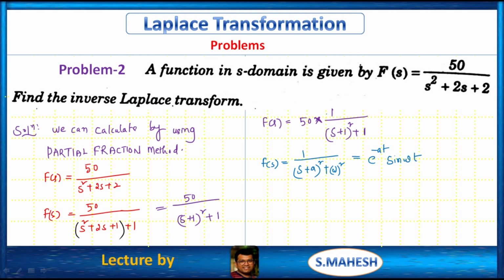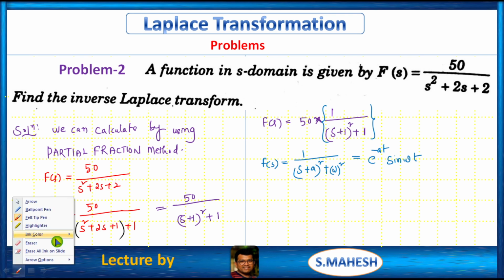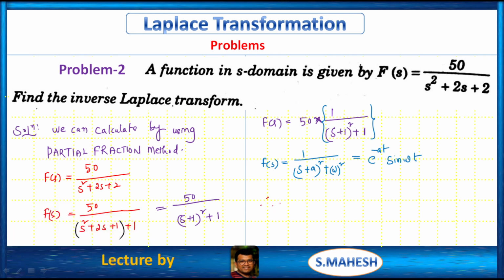So this equation looks like this, right? Therefore 1 by (s plus 1 whole square plus 1) is nothing but this. Therefore f of t equals 50, which is constant, into e power minus t, since a is 1, and sin t, since omega is 1.